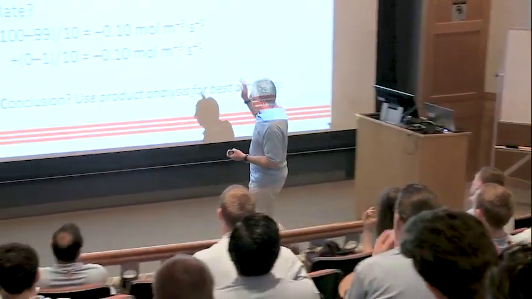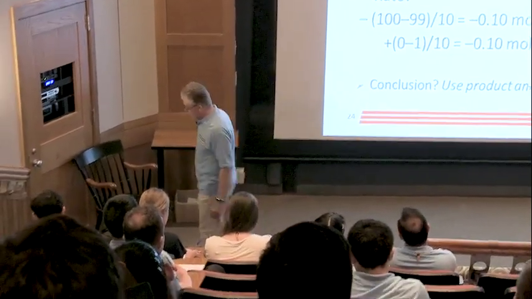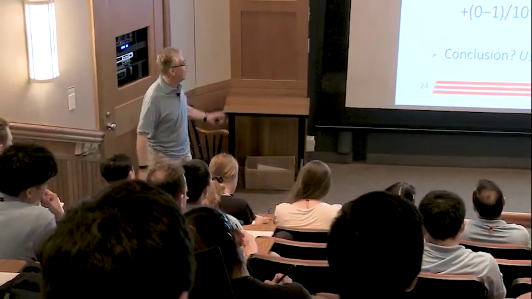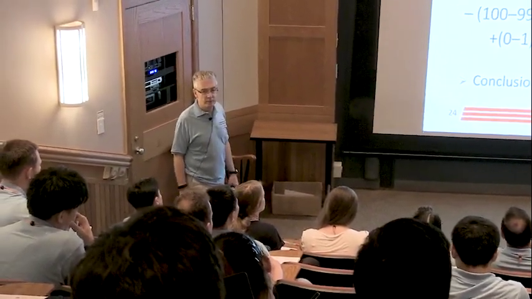Yeah, but you measure, okay, the concentration, but which species would you choose? If you wanted to measure the rate of that reaction, A plus B giving us P plus Q, which species would you choose to monitor?